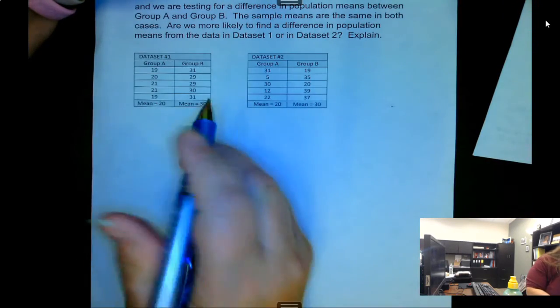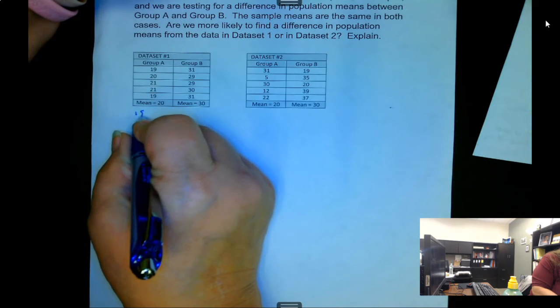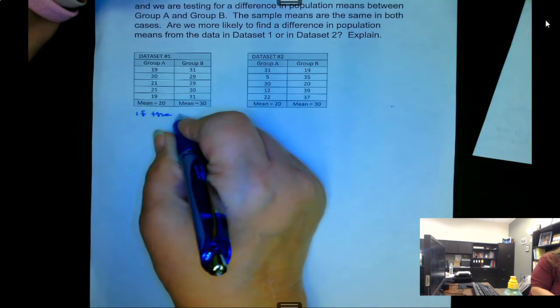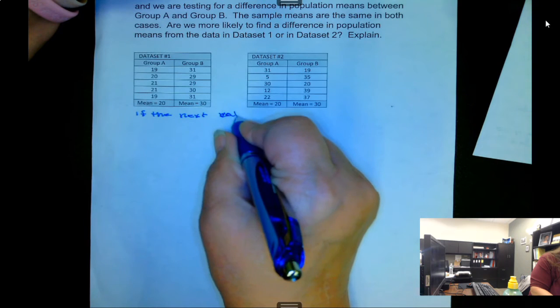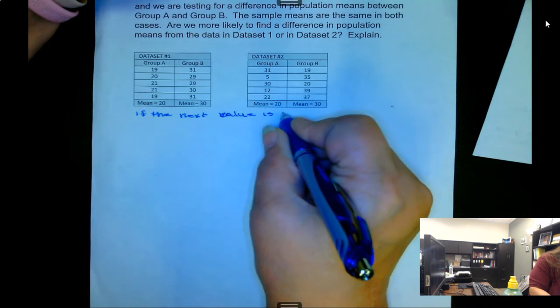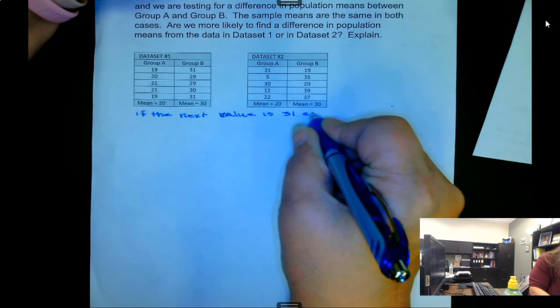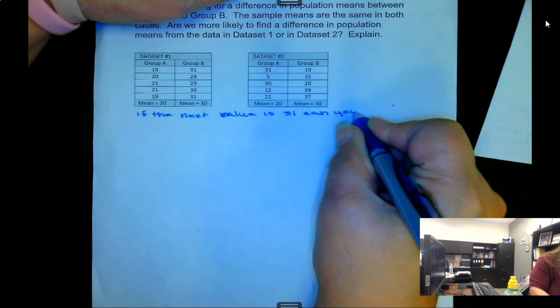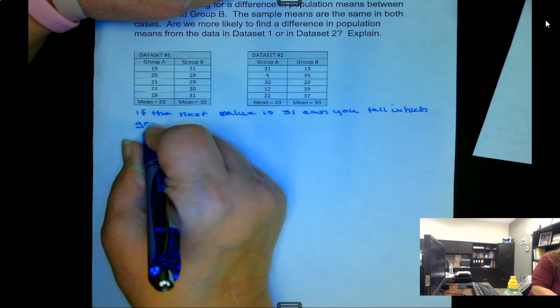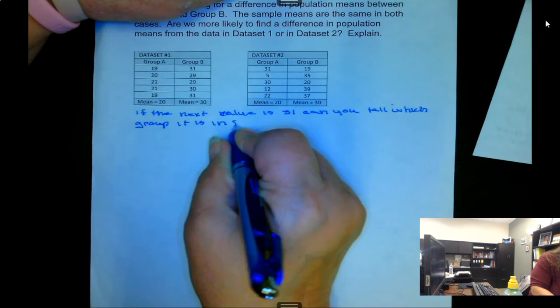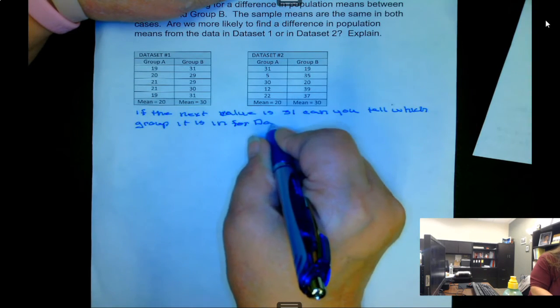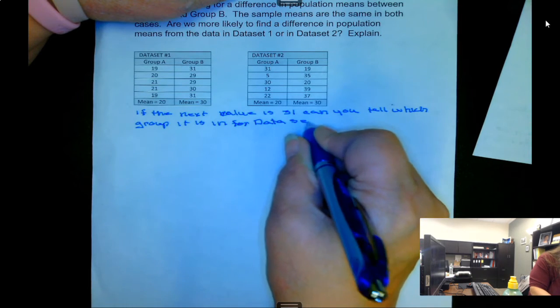So let's kind of look at this. So if the next value is 31, can you tell which group it is in for data set 1?